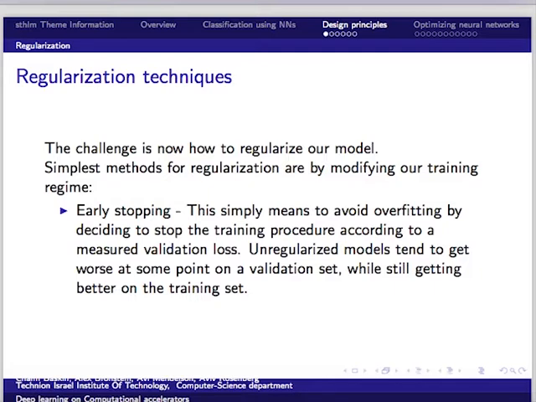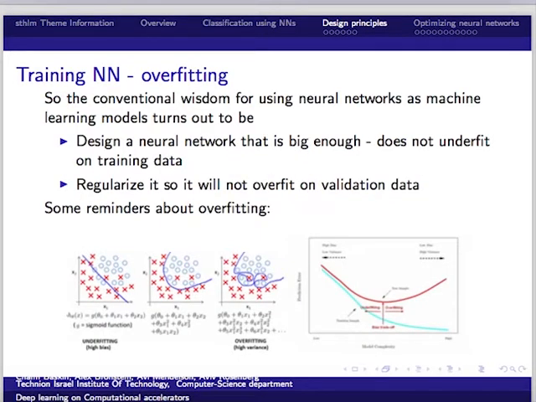Early stopping means training until your validation loss reaches its minimum. So until which point do we train? Till this point.